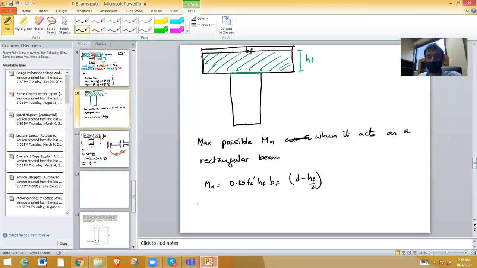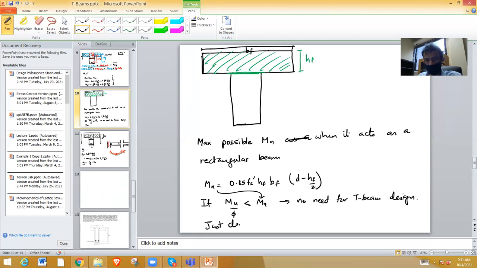This is Mn. So if Mu by phi is less than this Mn value, then there is no need for T-beam design, and just design as a rectangular beam with bf and d.